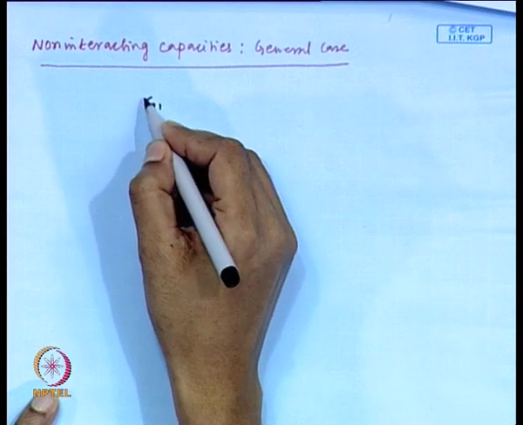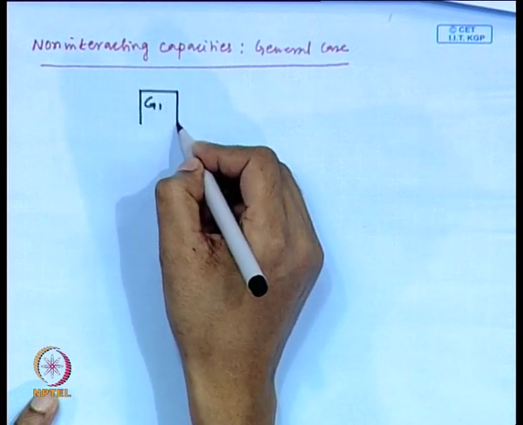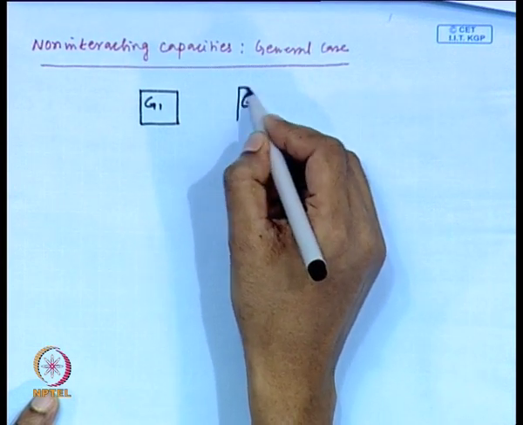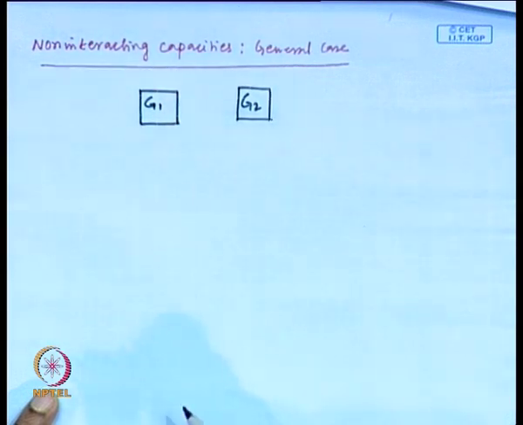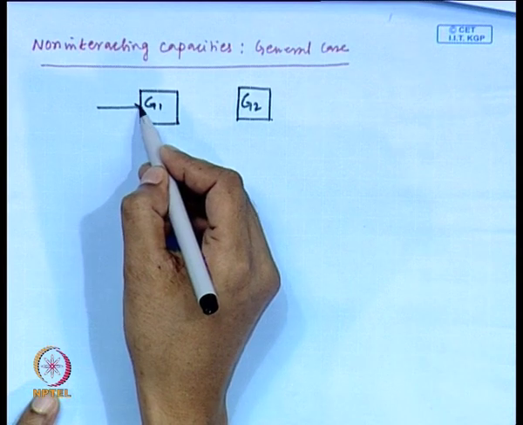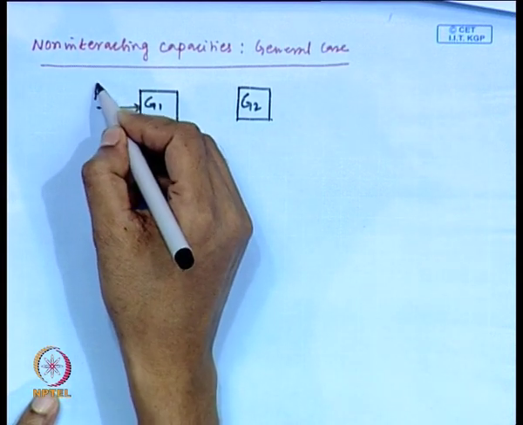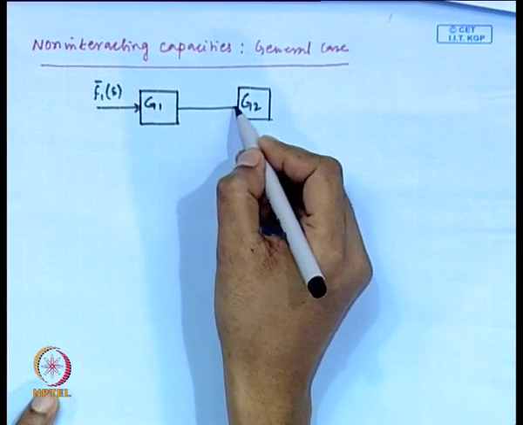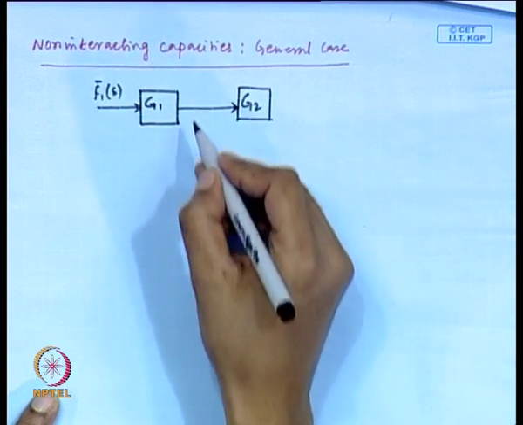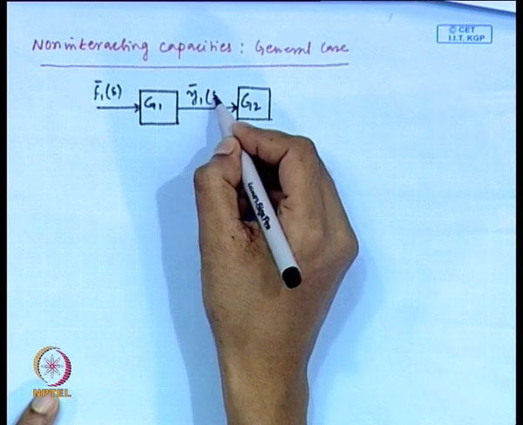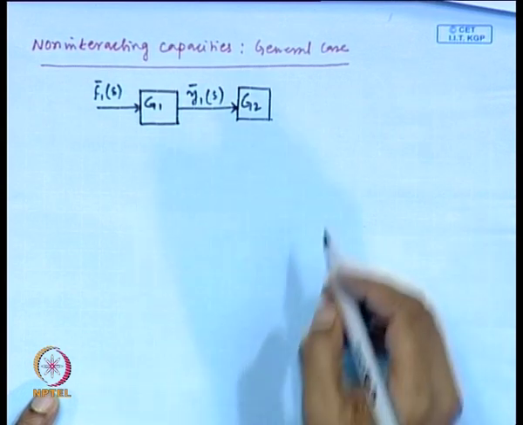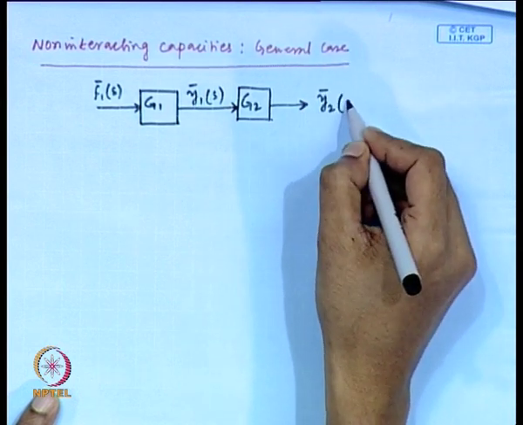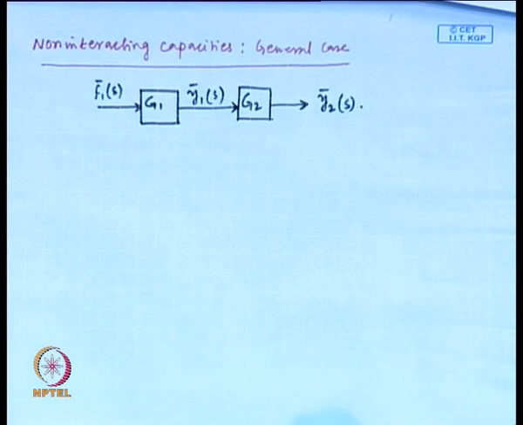So, this is one tank G1 and this is another tank G2. Input is suppose F1 bar S, output of the first order system is Y1 bar S and output of the second first order system is Y2 bar S. Fine.